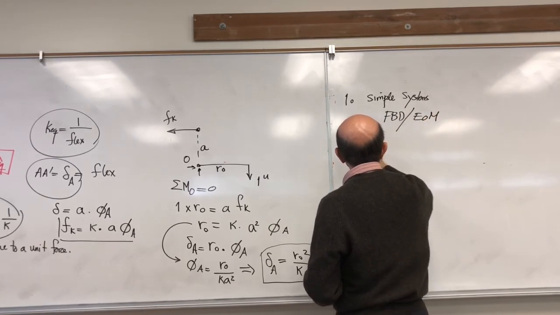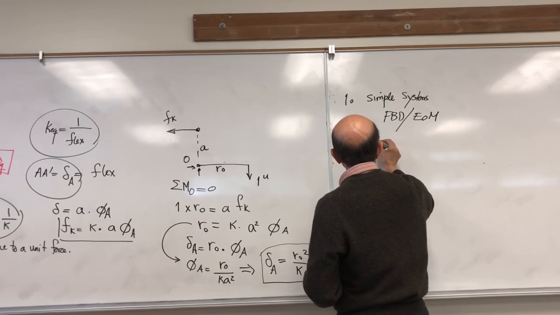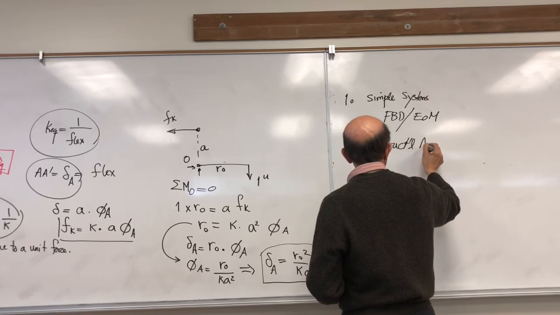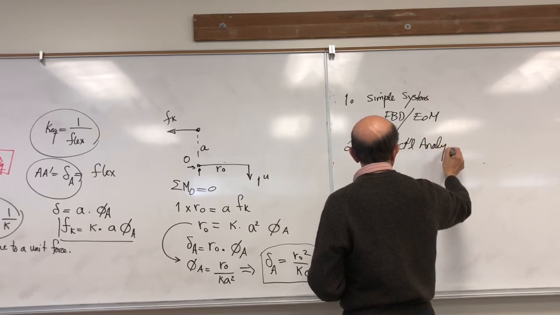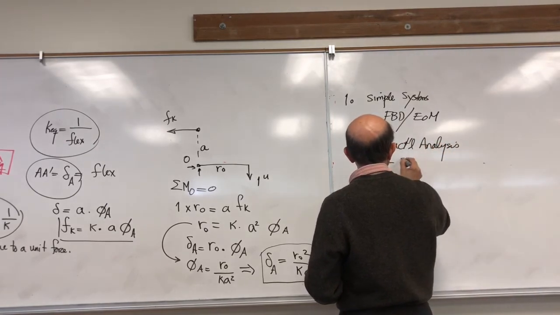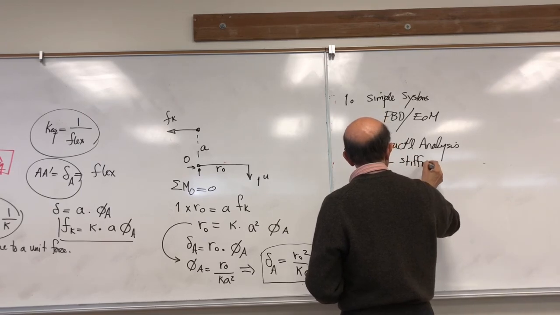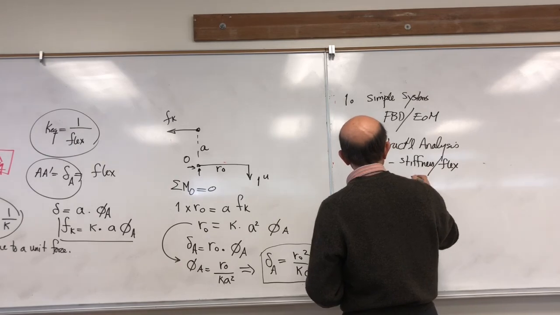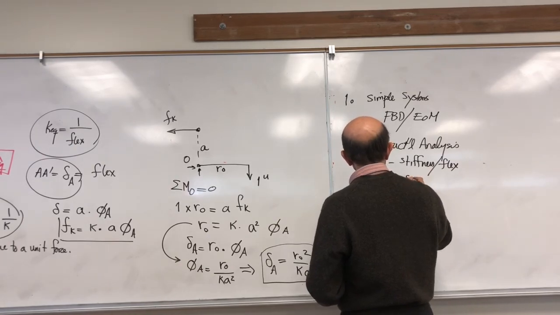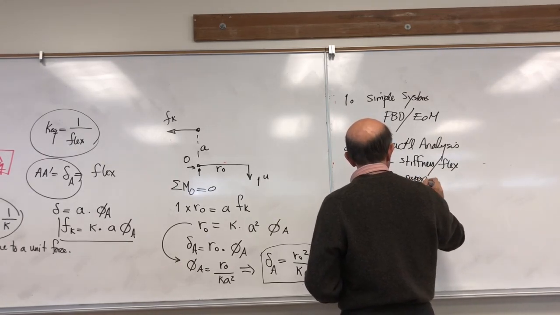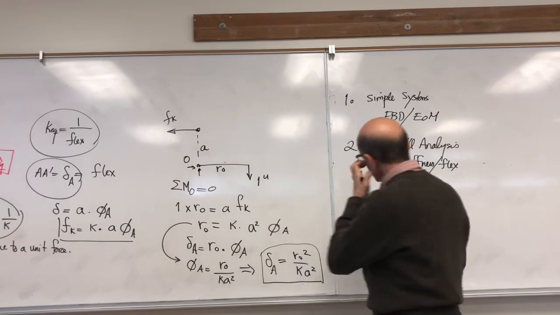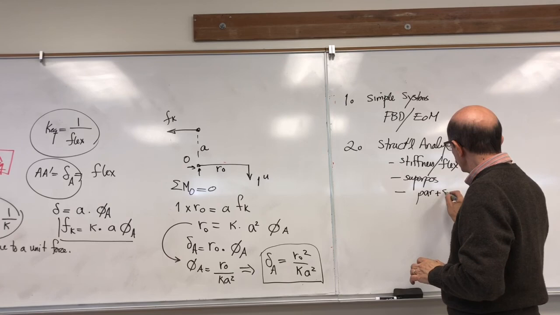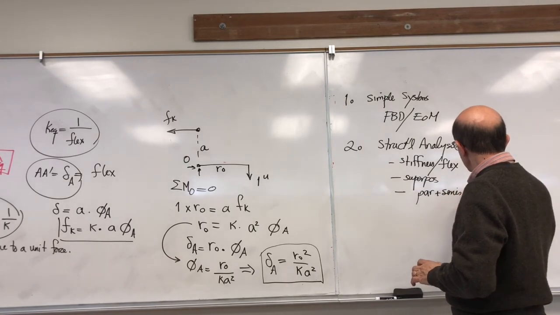That was the approach. The second approach, we call that structural analysis, which was based on the definition of the stiffness or flexibility using the concepts of superposition and the concept of parallel plus series springs.